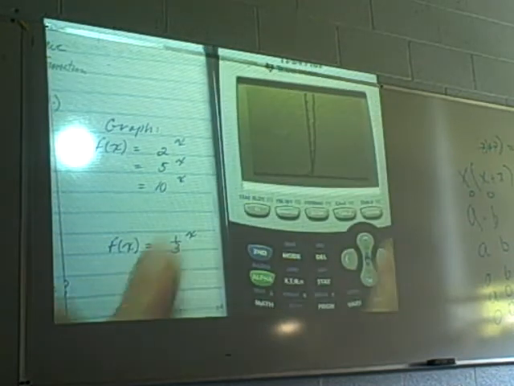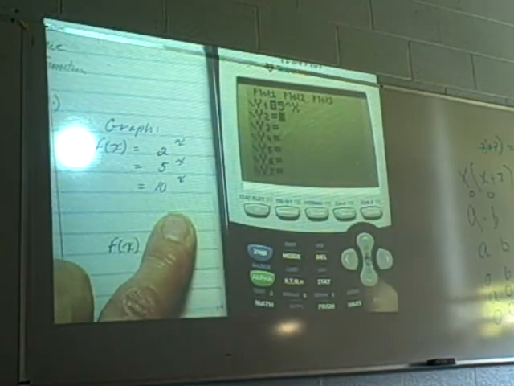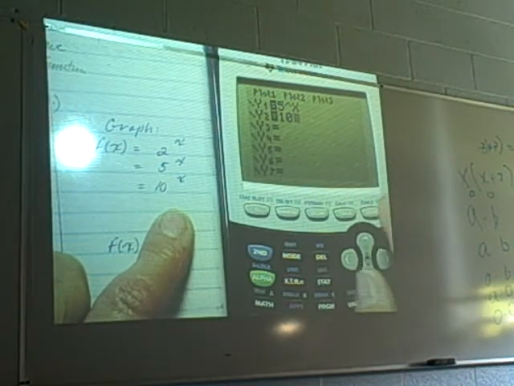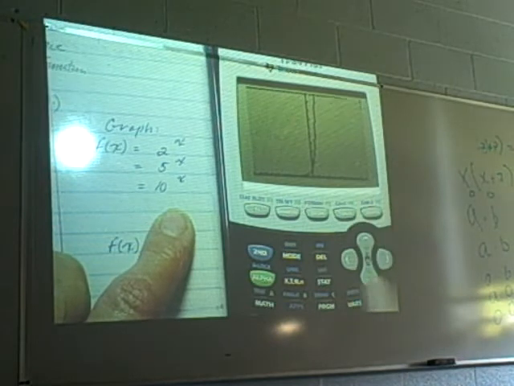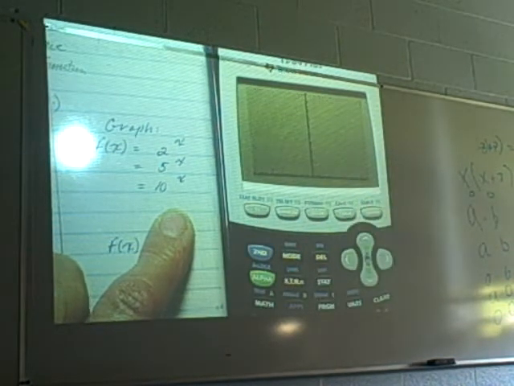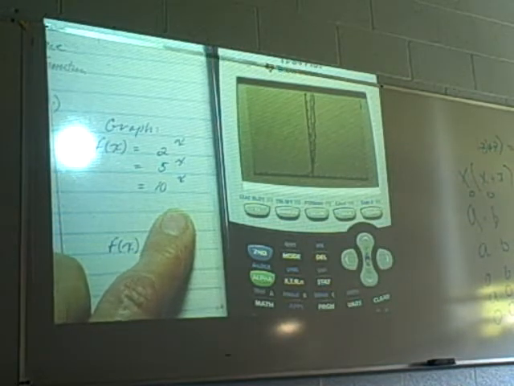And then just for the fun of it, let's do y equals 10 to the x. It's going to be pretty steep, right? Straight up and down. Yeah, barely, it's right in there.